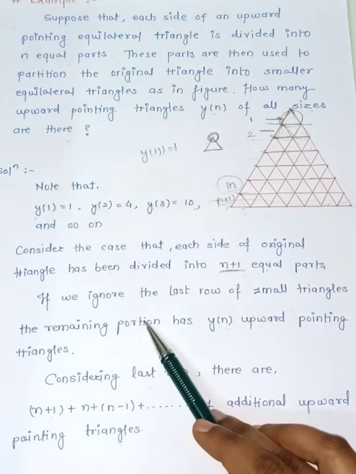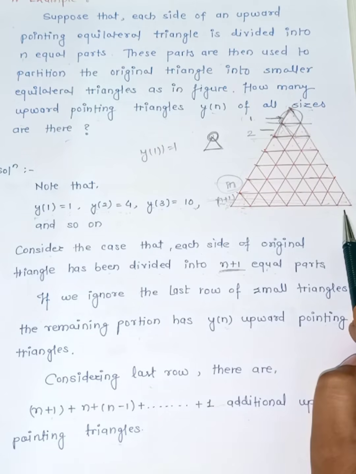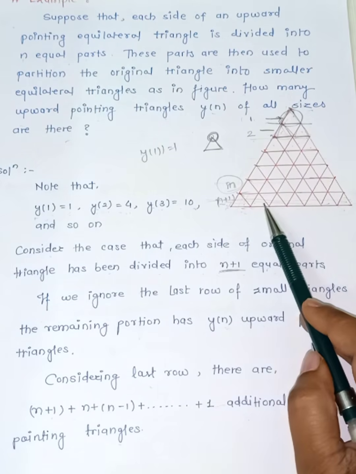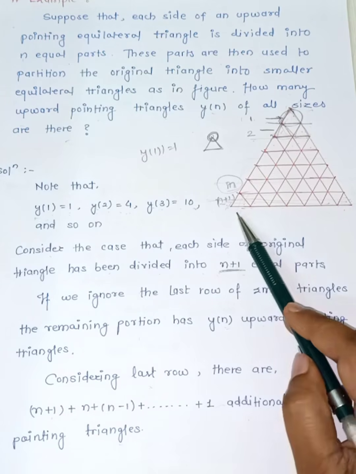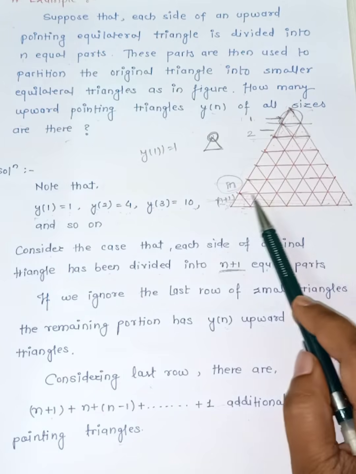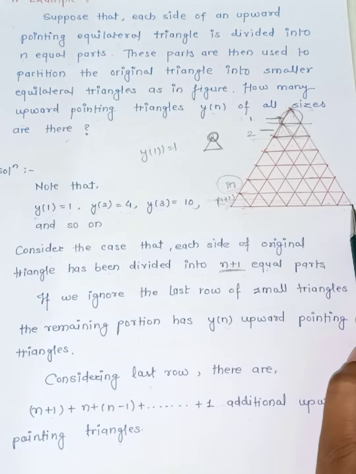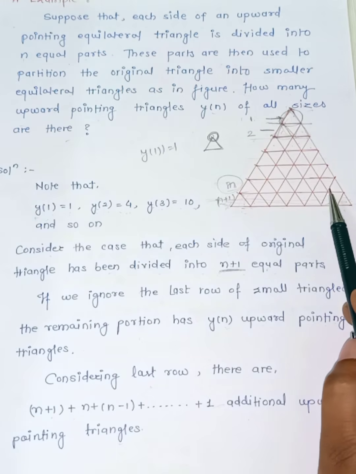First we have considered that each side of these equilateral triangle are divided into n plus 1 equal parts. Okay, this each side is divided into n plus 1 equal parts. Then we consider that we have ignored this small triangles which are in the last row.